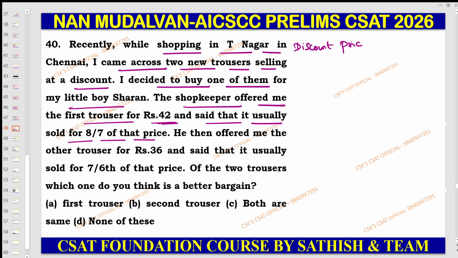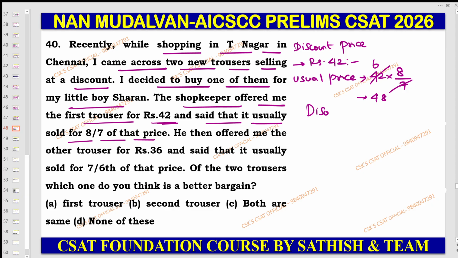So your discount price is rupees 42. Next, what you need to find out is the usual price. So the usual price is 42 into 8 by 7. You can cancel this, 48.